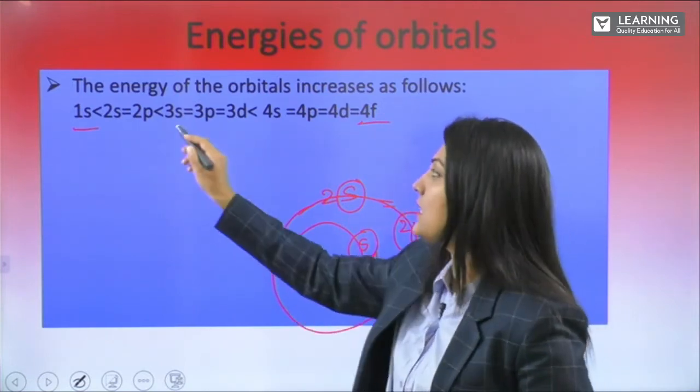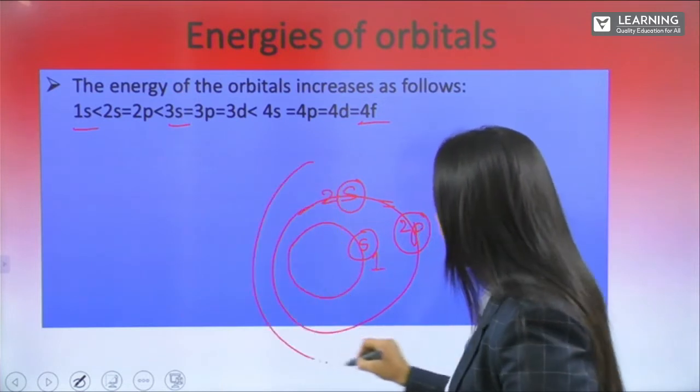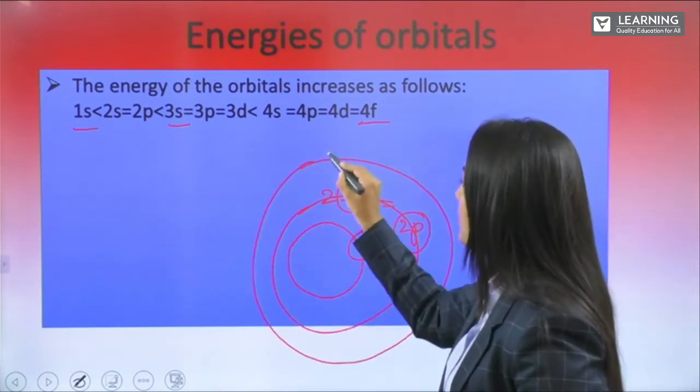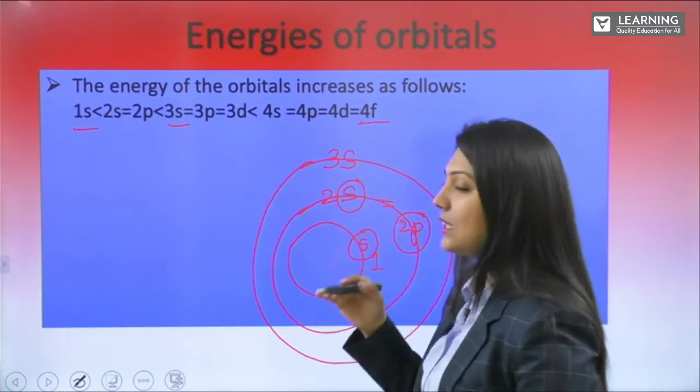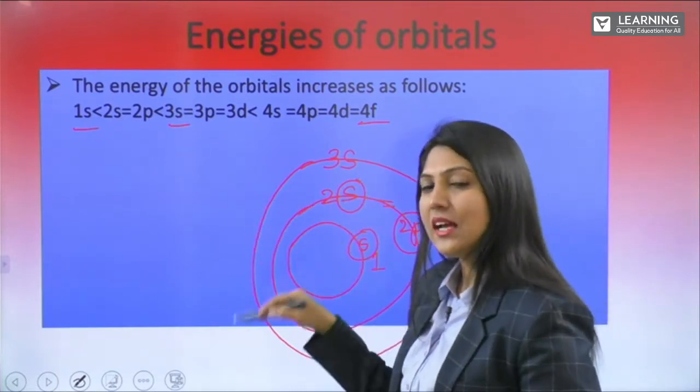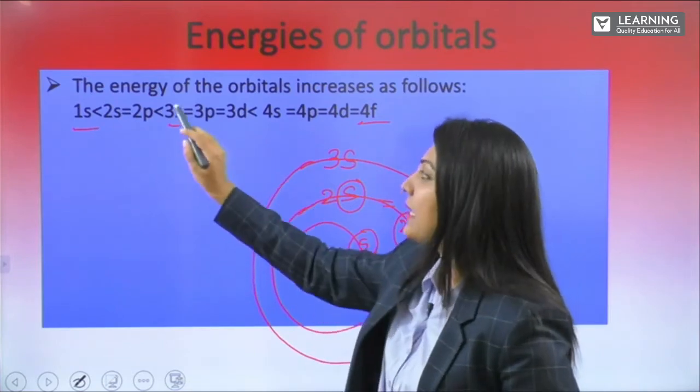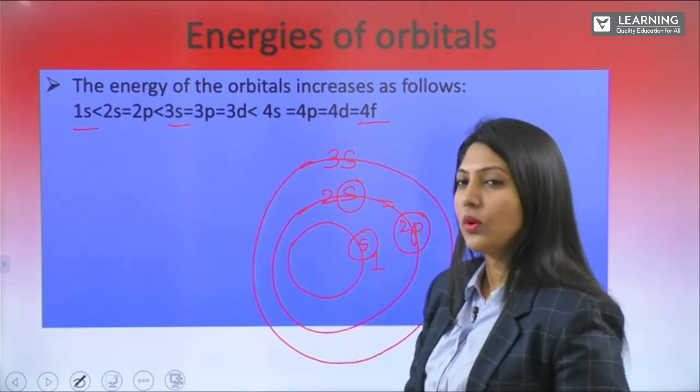The next one is the 3s. In the third orbit also I have s orbital, and this will be greater in energy than 2p and 2s.